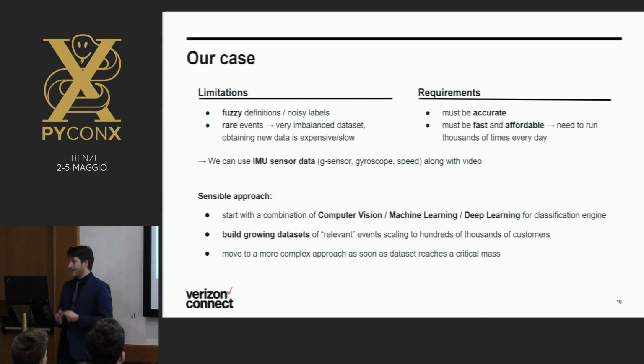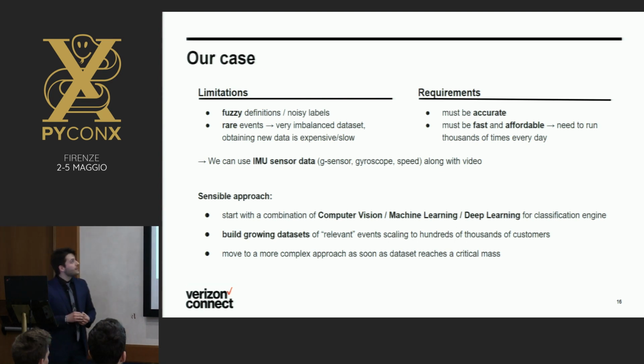This system must be accurate. At the same time, it must be fast and affordable because it's going to run thousands of times every day. This necessity of a trade-off is going to play a role in some of the choices that we made, and I'm going to describe them later.